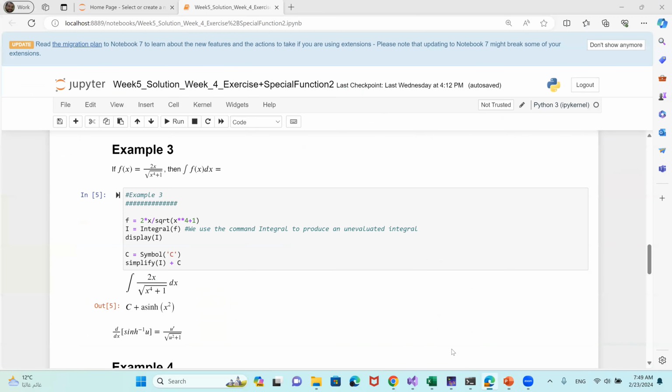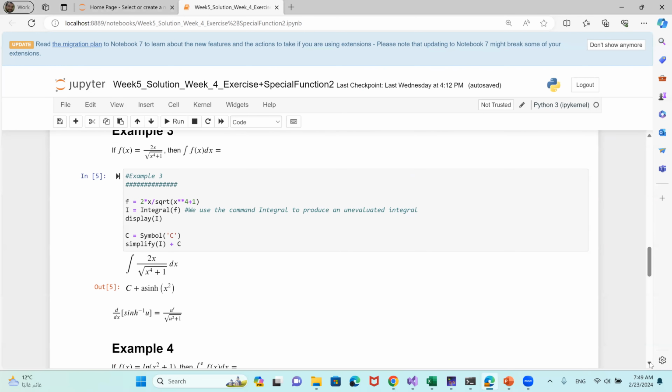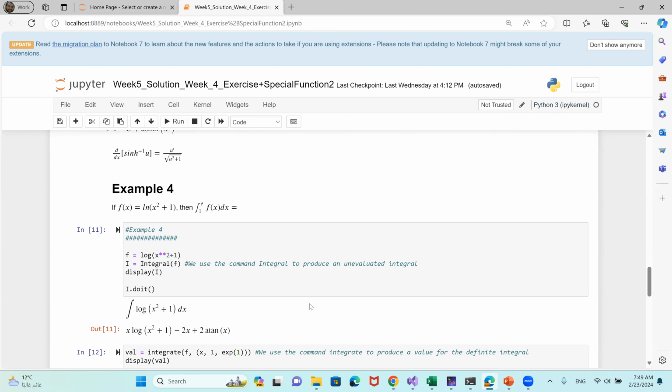Okay, so for examples 4 and 5 in our Jupyter notebook, here is the result. For example 4, where we had ln of (x squared plus 1) to be integrated from 1 to e, we defined I as an integral, and we performed the integration using the doit command.